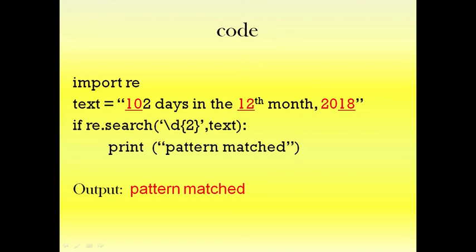If we use 2 numbers, the first number means match at least that amount, and the final number means match up to that amount. So it says match 2 characters up to 4 characters, so 2, 3 or 4 characters. So 102 is 3 characters, 1, 0 and 2, then 1 and 2, and then 2, 0, 1 and 8.